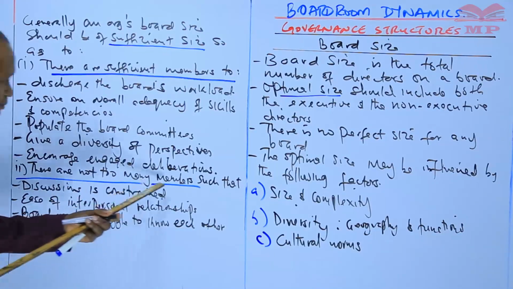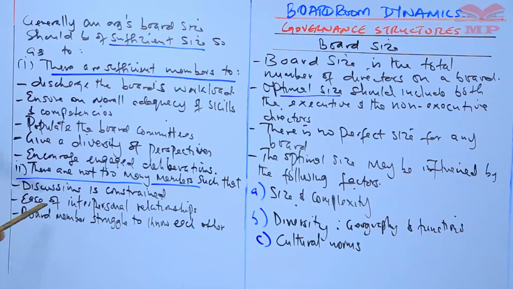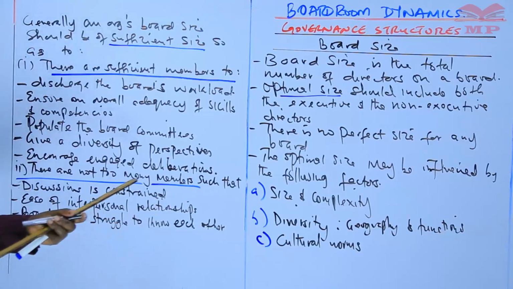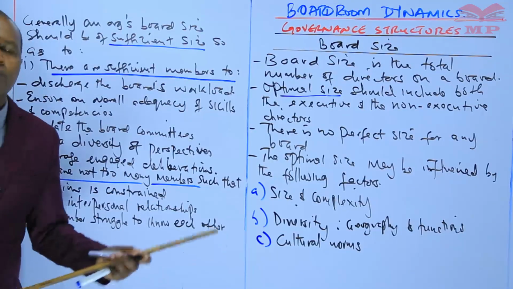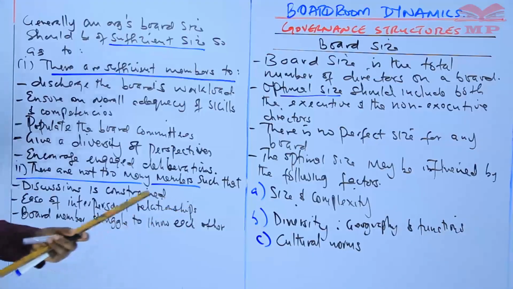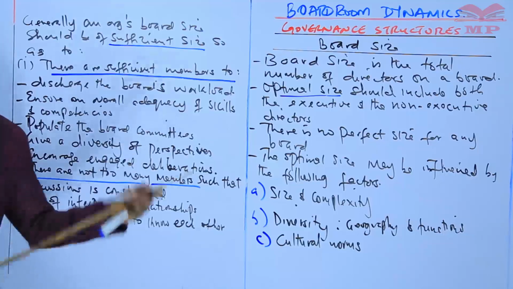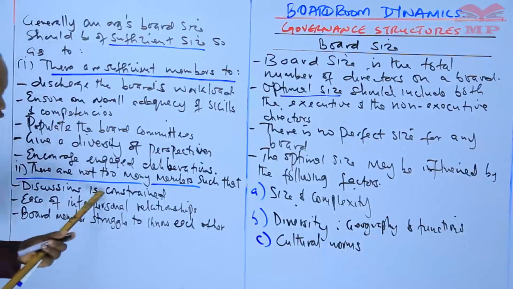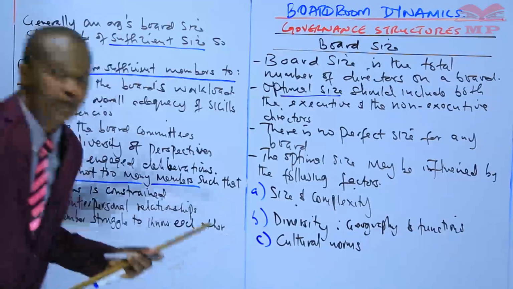If there are too many members, number two, then there is no ease of interpersonal relations. It's not easy for members to relate. Ease of interpersonal relations at the board table is inhibited where there are too many members who sit on a board.